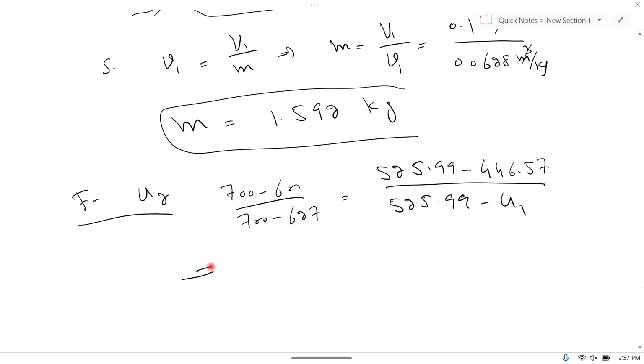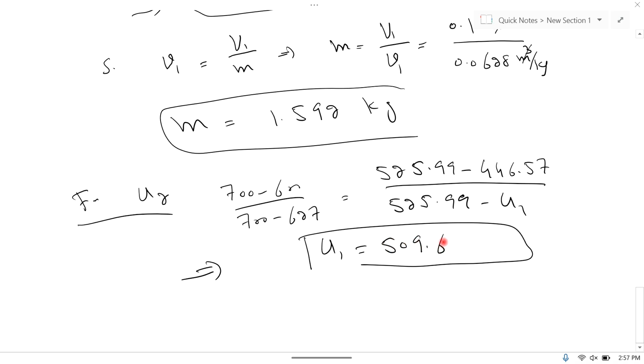So do interpolation and find U1 from this. So U1 is equal to 509.69 kilojoule per kg.